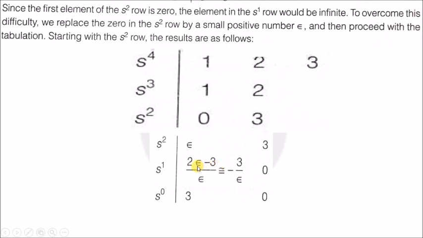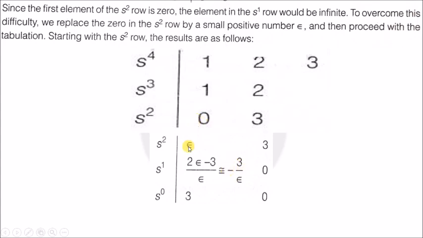But just think, if we take epsilon as a very small value, then the multiplication of this will be very small compared to this. So ultimately epsilon into 2 is 0, right? A very small value is also nearly 0, which we have taken here. So this term becomes minus 3 by epsilon, and observe that this is a negative sign.